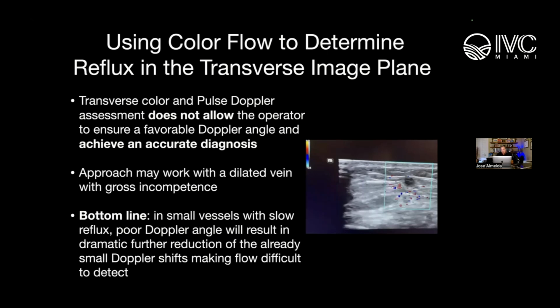But if you do see reversal of flow in the transverse, you can feel pretty comfortable that there's reflux there, correct? So it's not sensitive or specific, but if it's present, you're usually confident that there is reflux if you do see reversal of flow in the transverse view. You can't get a reflux time, but at least you can see it's there. Is that accurate or no? Or you should go longitudinal always?